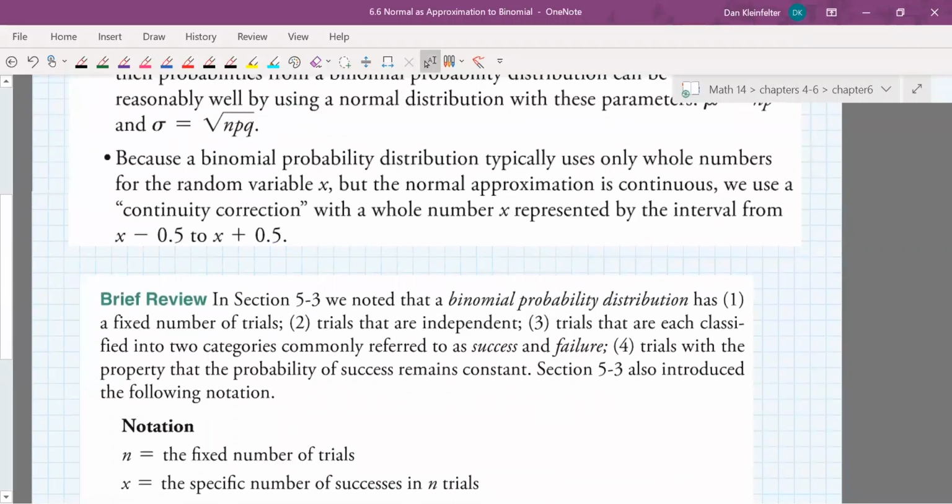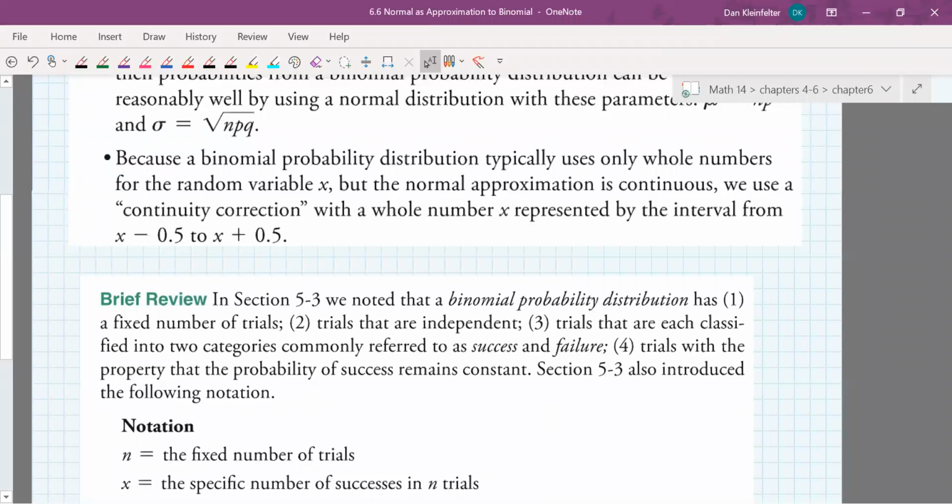There's one piece that you're probably going to find a little bit tricky, and that is this idea of a continuity correction. And what that is about is this. The binomial distribution was a discrete distribution, and so we used it to count whole number outcomes, like getting 3 heads in tosses of a coin or 4 heads in tosses of a coin, not fractional outcomes.